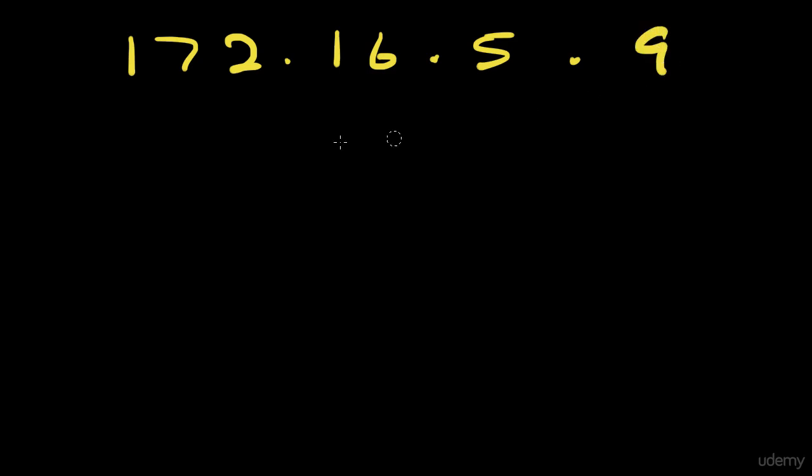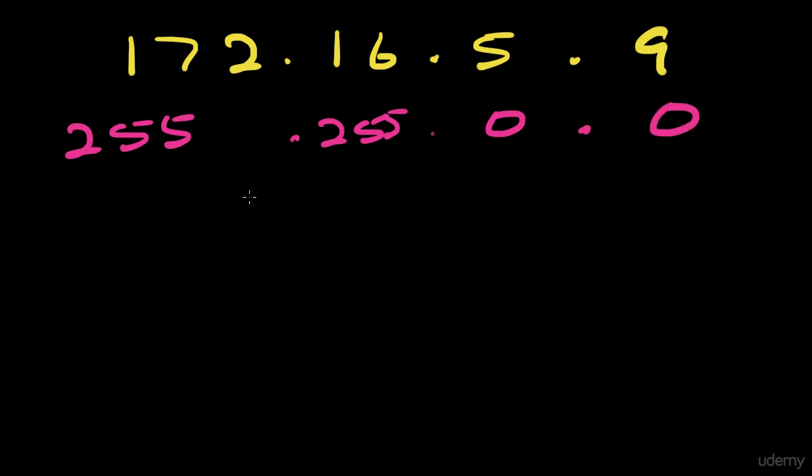Let's look at another example. Let's take an IP address like 172.16.5.9. And our subnet mask to go with this is 255.255.0.0. Now, we know 255 is 8 ones, so we know that this is covering all the bits in this octet.